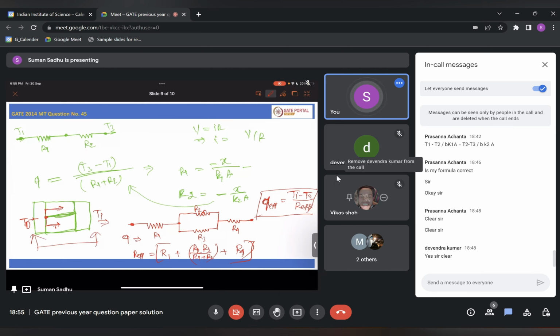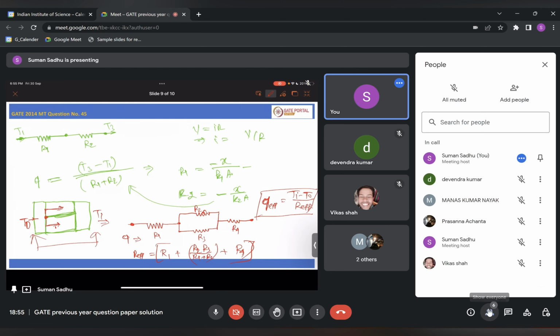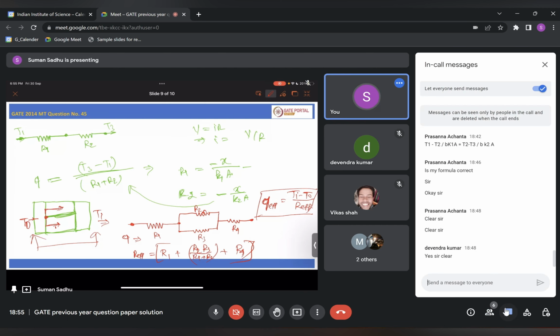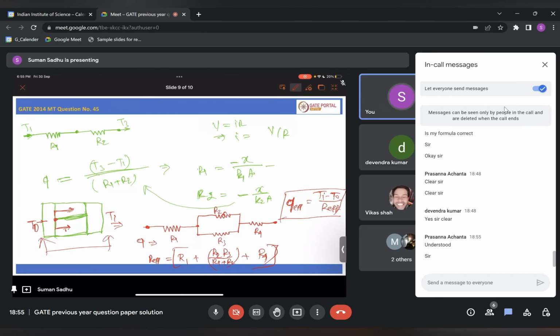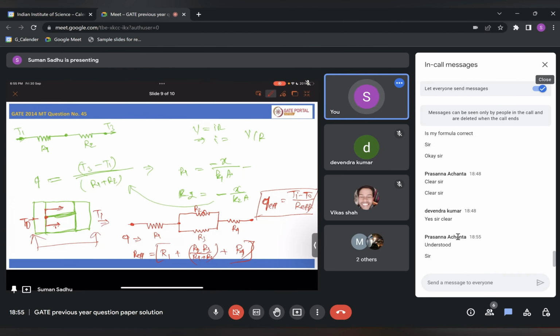Have you understood this one? Okay. So should I move to the next question? Anyone has any doubt? I think people have solved this kind of question earlier, also in class 12. This kind of problem was there.